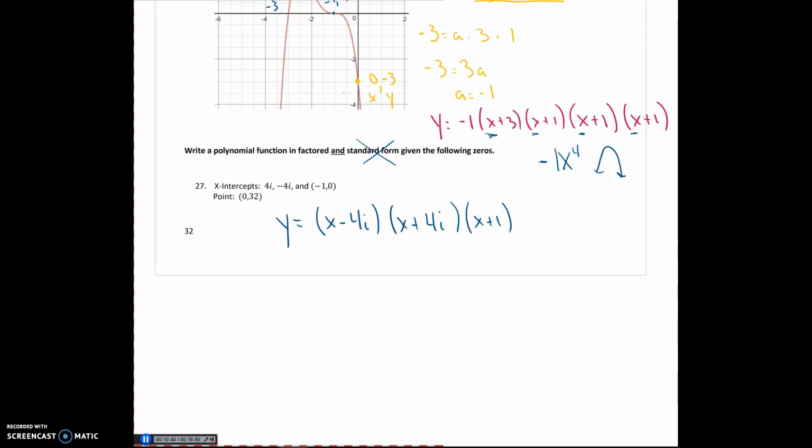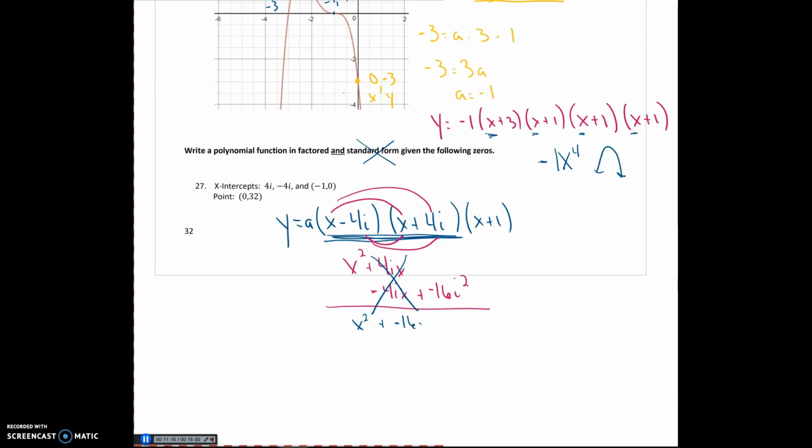Factored form, I forgot my a, does not have imaginary numbers. So what we'll have to do is have these neighbors meet so that we can get rid of the imaginary numbers. I'm going to do that real quick. X is going to meet, and then -4i is going to meet. What's going to happen when these neighbors meet every single time is that these will cancel out, and then we have x squared plus -16i squared.